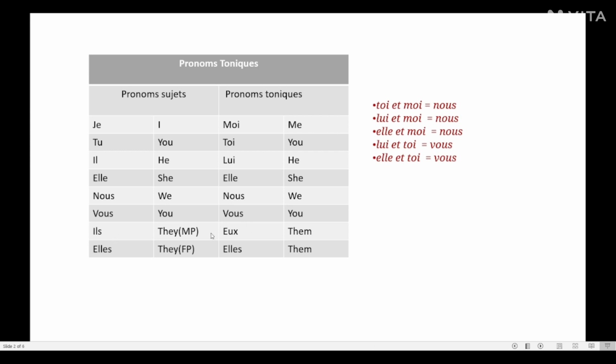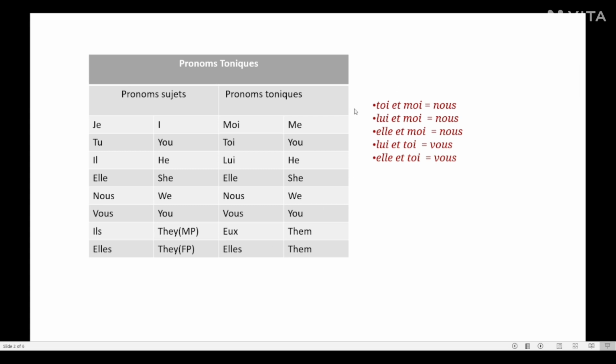For ils we use eux, meaning them. For elles, feminine plural, we use elles, meaning them. So again we'll repeat: je, moi; tu, toi; il, lui; elle, elle; nous, nous; vous, vous; ils, eux; elles, elles.